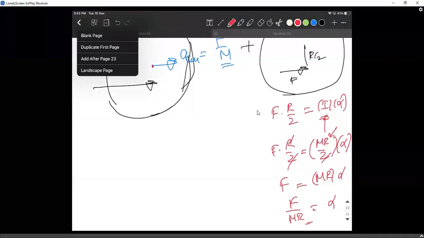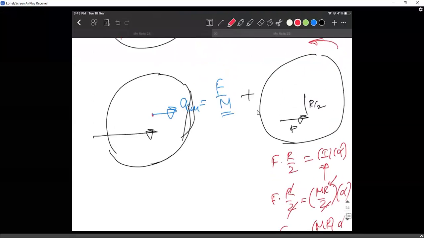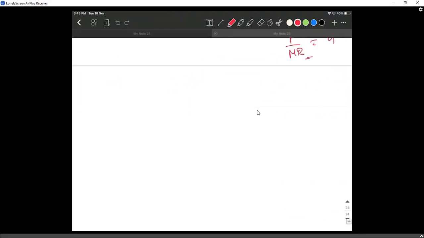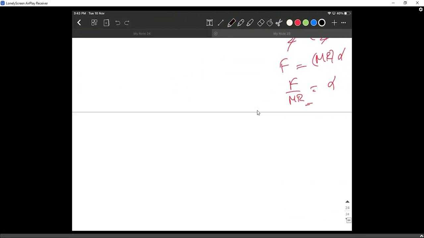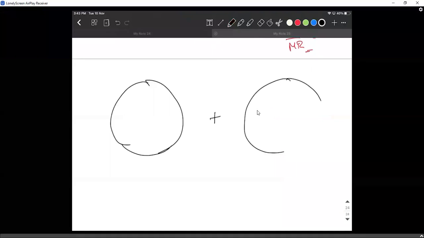Now clearly observe what I'm going to do. Is the moment of inertia correctly taken? Yes, it is MR squared by 2. So the body has a combination of linear acceleration and angular acceleration.